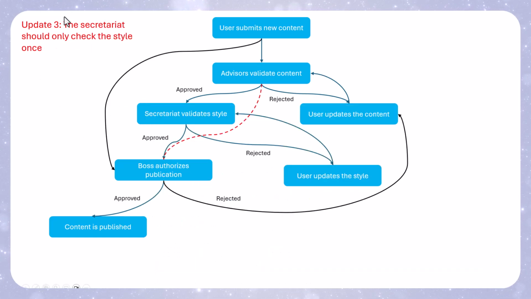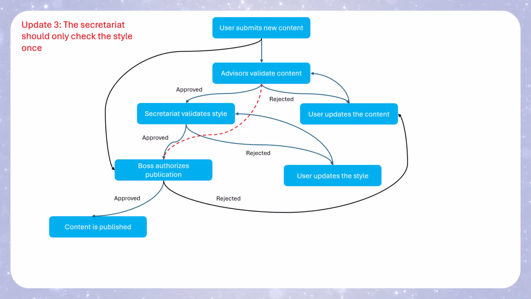Third update, it's a bit more complex to understand. Because when we go through the approval process, sometimes we go several times to the same stage. But my customer noticed that secretariat was a bottleneck, right? So what my customer wanted is that you can go through secretariat to validate the style one time, but not 2 times, not more than 1 time.